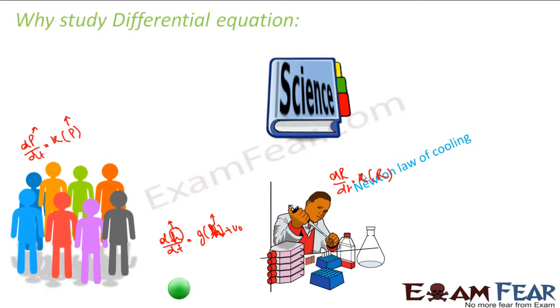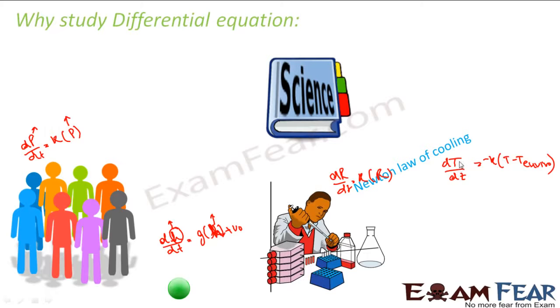In Newton's law of cooling, we extensively use this. How? Because Newton's law of cooling says that the rate of change of temperature, where capital T is temperature with respect to time, small t, is nothing but minus k into (T minus T enviro). T enviro is the environment temperature, and T is the current temperature. T enviro is constant.